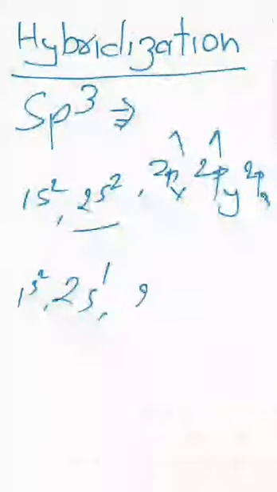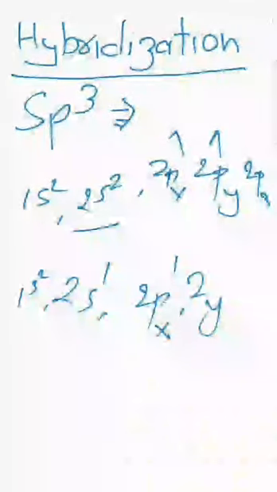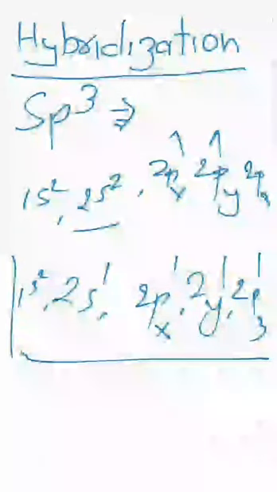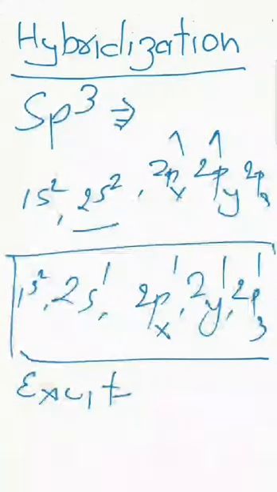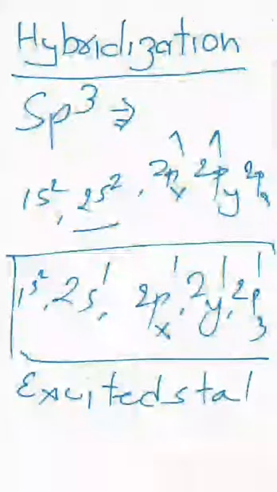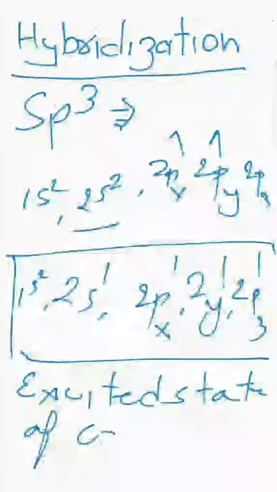So the electron in 2s becomes just 1, 2px has one electron, 2py has one electron, and 2pz gets one electron which is shifted from the 2s orbital to the 2pz orbital. This is the excited state of the carbon atom.